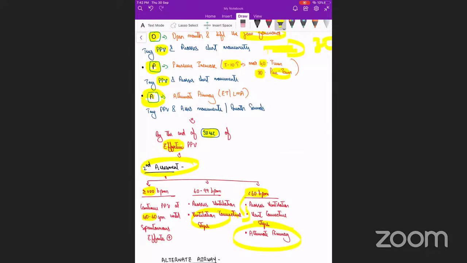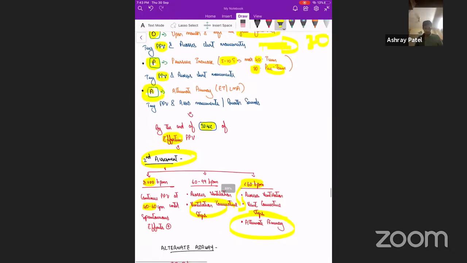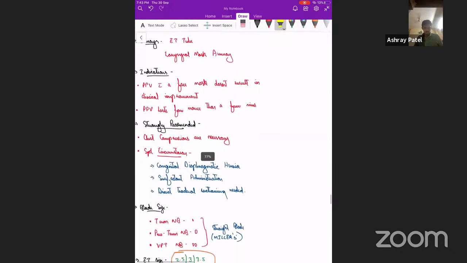Again, we'll have to follow the same neonatal protocol that we have followed. If you do your initial steps of resuscitation, then do positive pressure ventilation. Still, if it doesn't respond, consider alternate airway. I hope your doubt is clear, Rahul. On Zoom, any doubts? Okay, fine. So then let us go ahead.